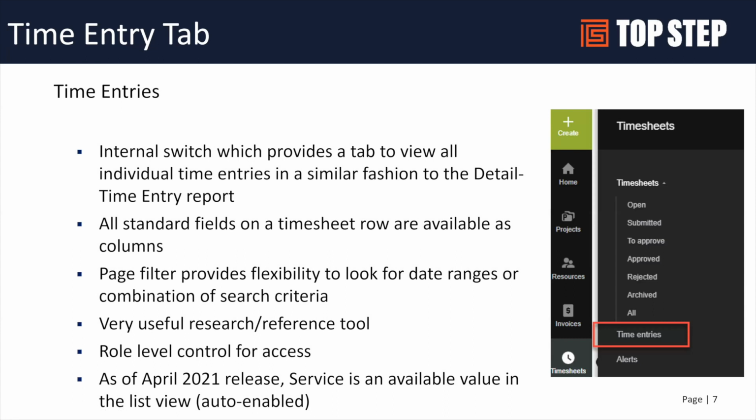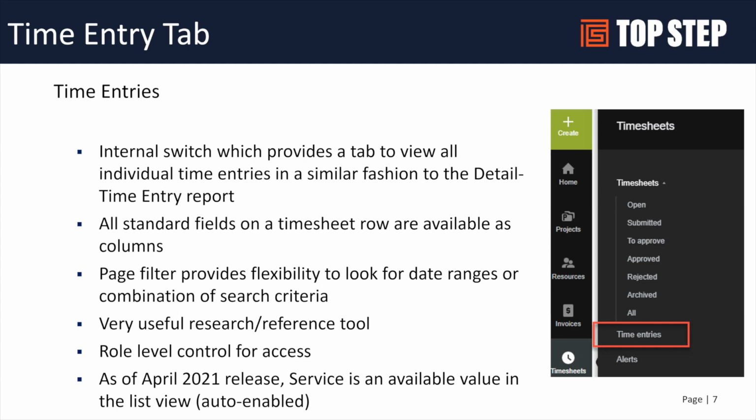The time entry tab is one of those that I think flies under the radar. Everybody who's been deployed in OpenAir in the last couple of years has it as an automatically enabled setting. For some older OpenAir users, you may not have this turned on, but for me, it was a game changer when it first got introduced many years ago, because it allows you, without having to run a report, to simply go into the timesheet module and drill down into the time entry details.